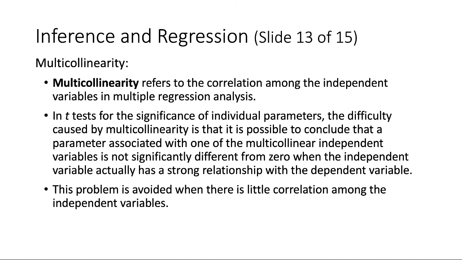In multiple regression analysis, we call the correlation among the independent variables multicollinearity. We usually try to avoid multicollinearity. According to a common rule of thumb, multicollinearity is a potential problem if the absolute value of the sample correlation coefficient exceeds 0.7 for any two of the independent variables.